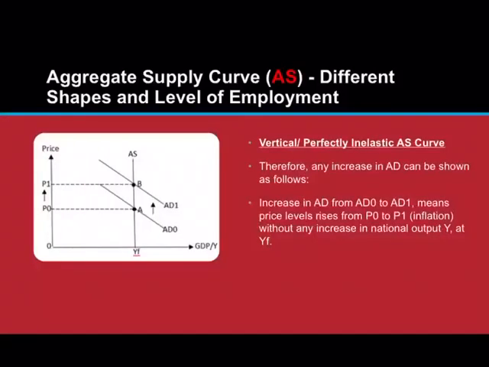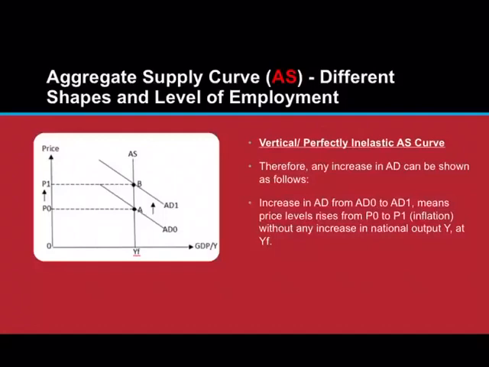So now I'm incorporating the AD with the constant, vertical AS. What happened when the AD is AD0? We can see an equilibrium point achieved at point A, where the price is P0 and output is YF.